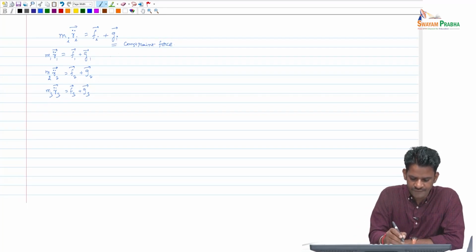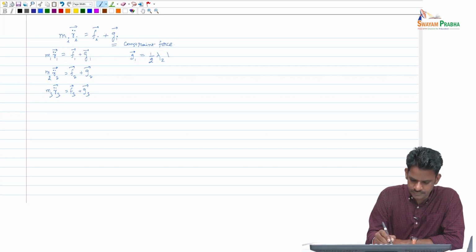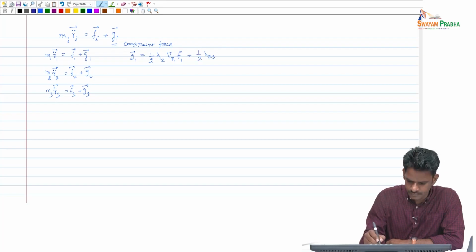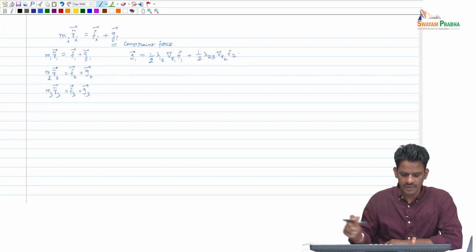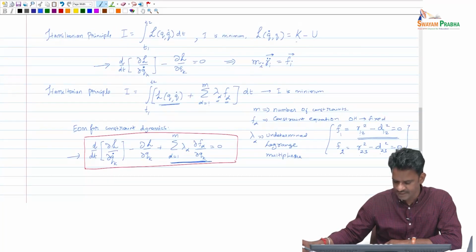So, now if you ask what are these G1 forces, you can see that this is basically given by, so I am basically writing this G1 force by comparing what we derived just now here.